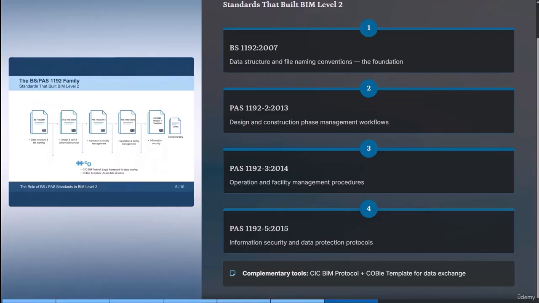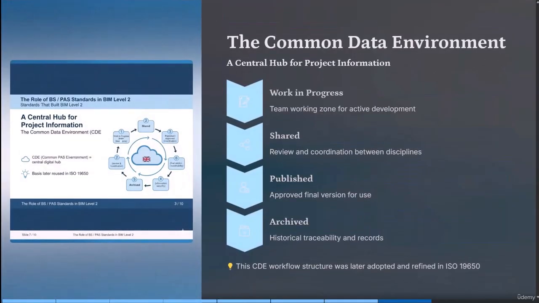In the following slides, I want to talk about how these standards organize the projects. One of the most important things that we talked about was the Common Data Environment or CDE. That is a central hub for project information, archiving the records, approving final versions, reviewing and coordination between disciplines.